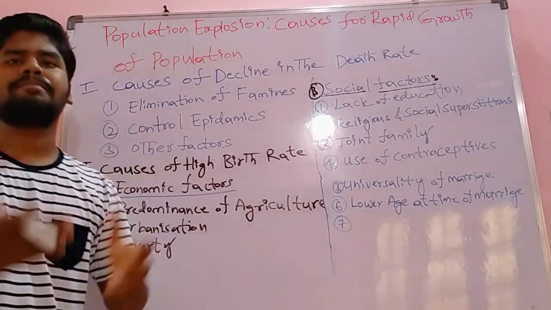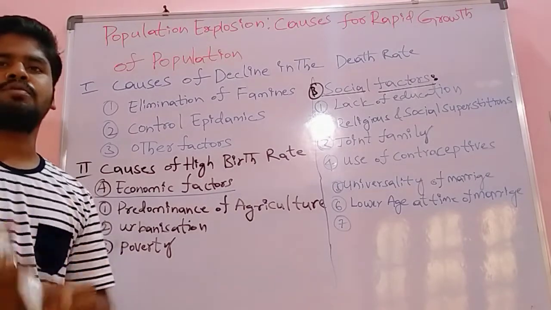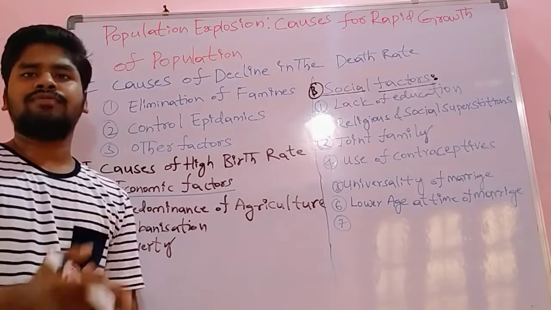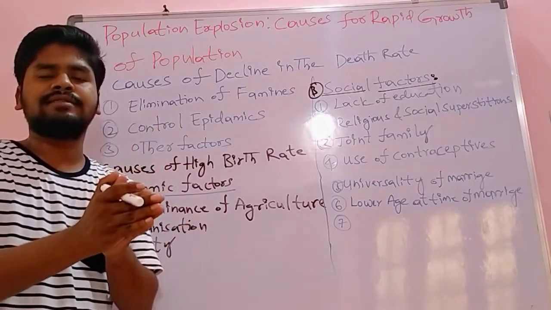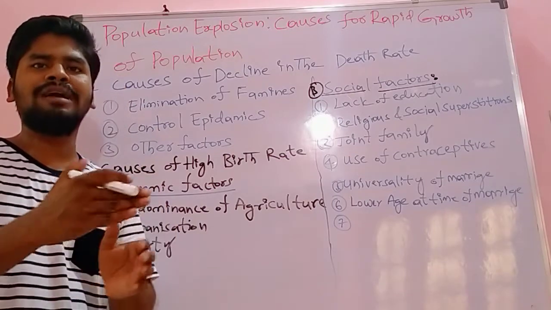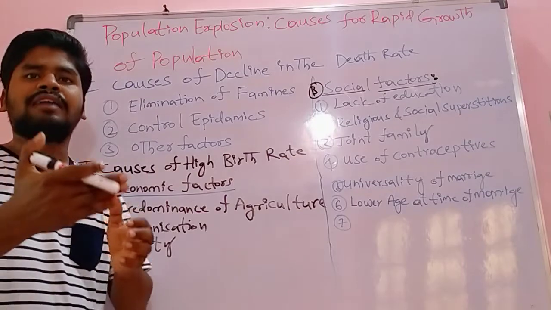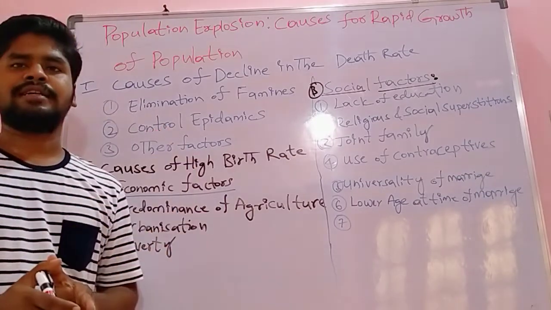So what do you mean by population explosion? Population explosion means population grows higher than the food supply. For example, population increases in geometric progression, and the food supply increases in arithmetic progression.